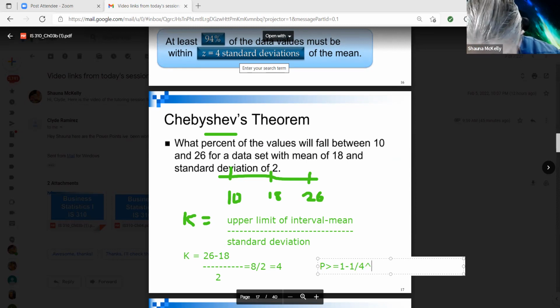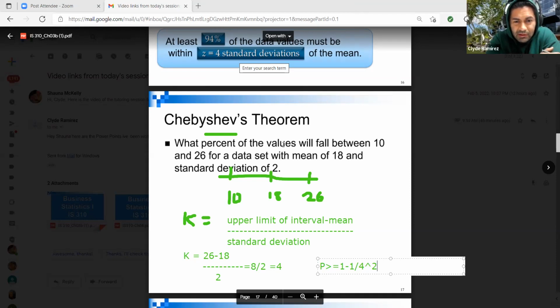Remember, you're only squaring the 4, not the whole fraction. So if you do this calculation, 1 minus 1 over 4 squared, you'll get about 94. Questions here? No, good, Shauna. Thank you. So that's how that works.